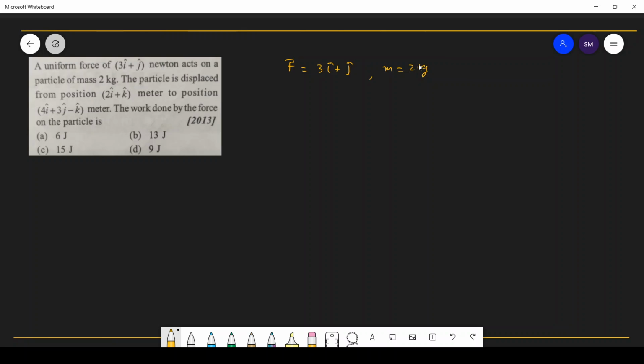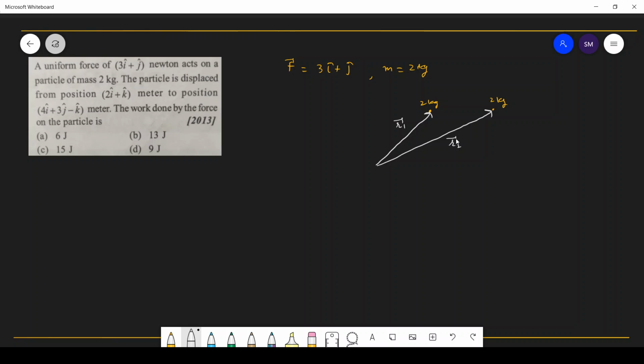The object is displaced. Earlier this mass 2 kg was here, and now it is displaced to this position. So this was your position R1, and it is displaced to this position R2.